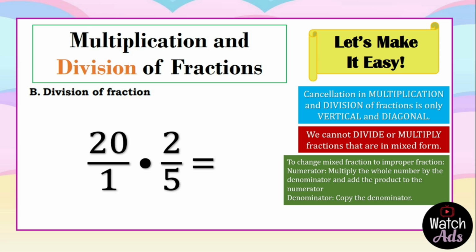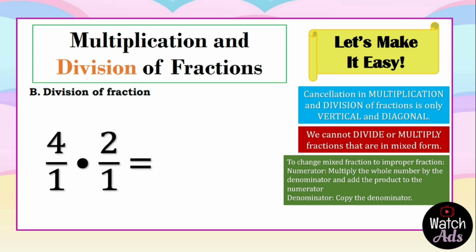The GCF of 20 and 5 is 5, so we divide 20 by 5, it gives us 4. We divide 5 by 5, it gives us 1. And our brand new fractions are now with the same value but of smaller numbers. 4 over 1 multiplied to 2 over 1 is equal to, simply multiply 4 and 2, 1 and 1. 4 and 2 gives us 8 as the numerator, and 1 multiplied by 1 gives us 1 as the denominator.